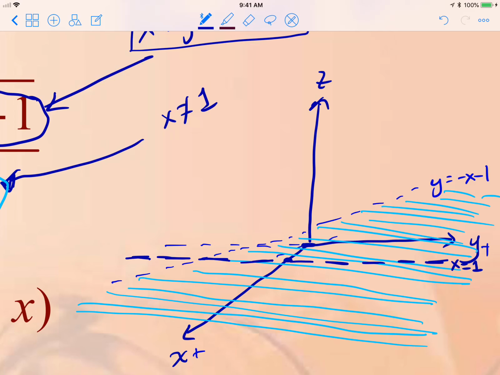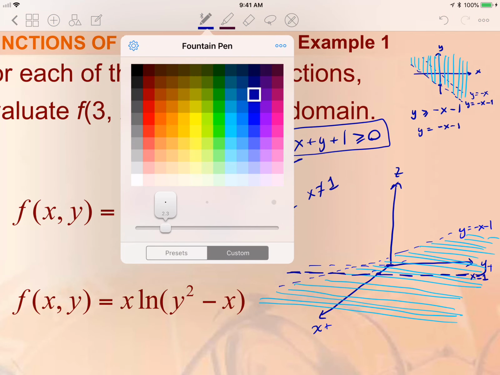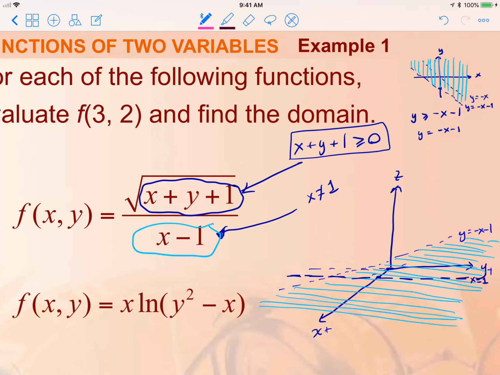Because x equals 0 is the same as the y-axis. So x equals 1 is here. So I want points that are in this blue region that don't have x equal to 1. And so if I were to sketch it, say, with purple, then I would have to leave a little space around that x equals 1 plane, if that makes sense. Okay.